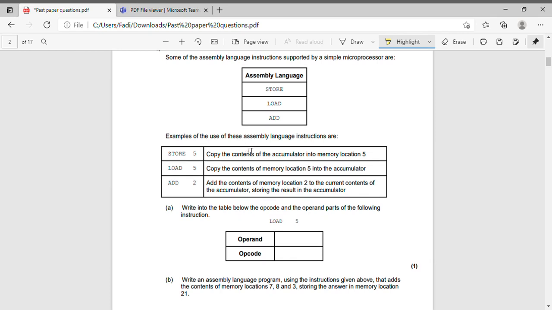First question. Write into the table below the opcode and the operand parts of the following instruction. Opcode is the command or the instruction, which is load, and the operand is the data being operated or manipulated with, which is 5 here. So let's check the answer.